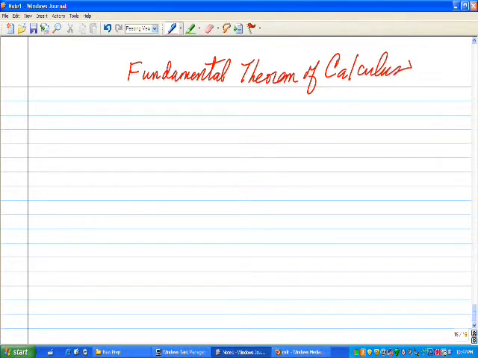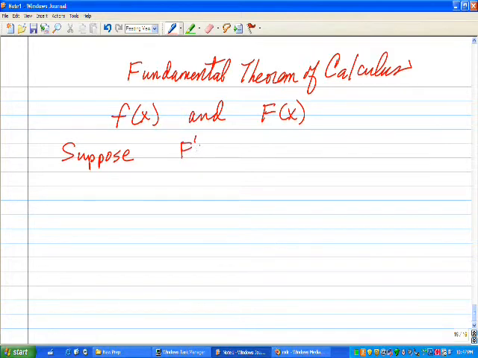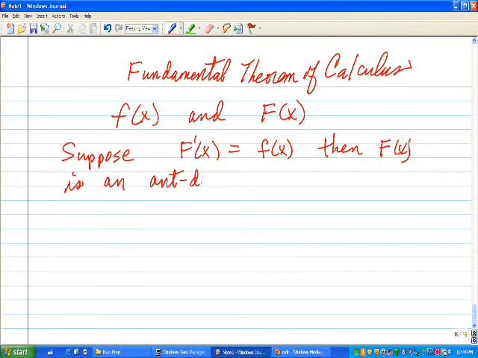Now, the first part of the fundamental theorem of calculus: if we have a function f of x and a function capital F of x, and suppose F prime of x is equal to f of x, then F of x is an antiderivative of f of x, of lowercase f of x.